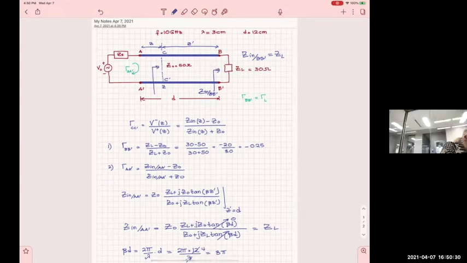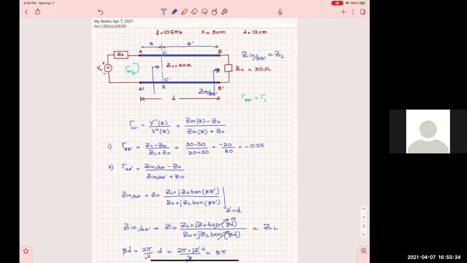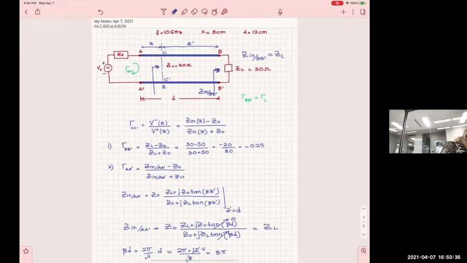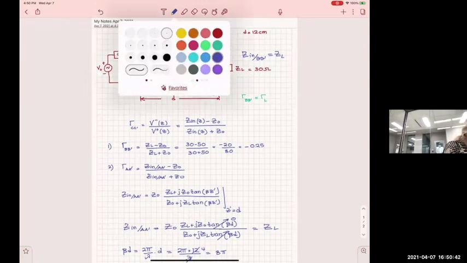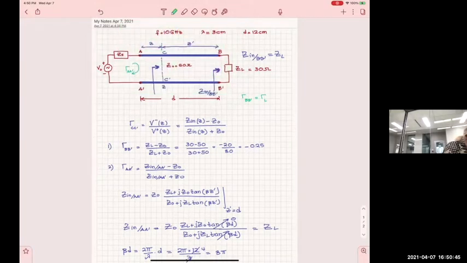Everything is going towards the load. Even the reflection coefficient, you are facing the load always. Here, for example, the little arrow shows the reflection coming back, but you always face the load.